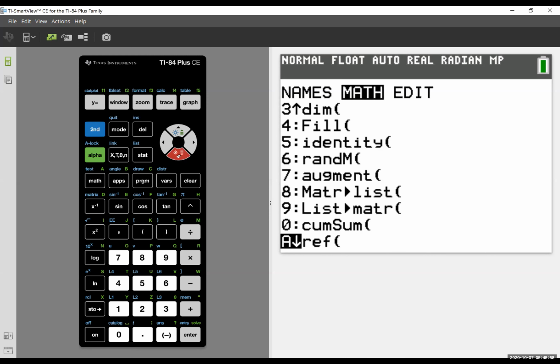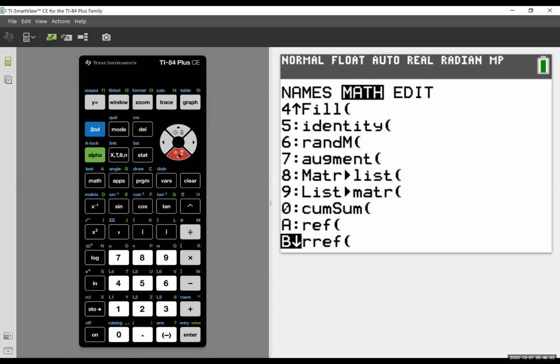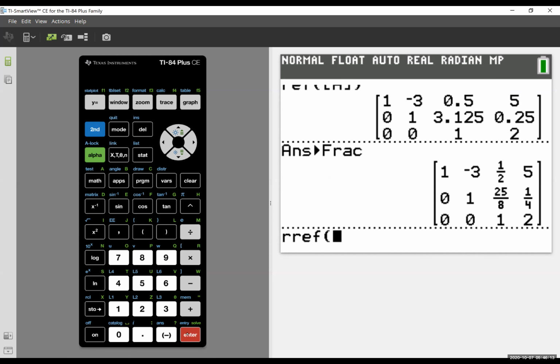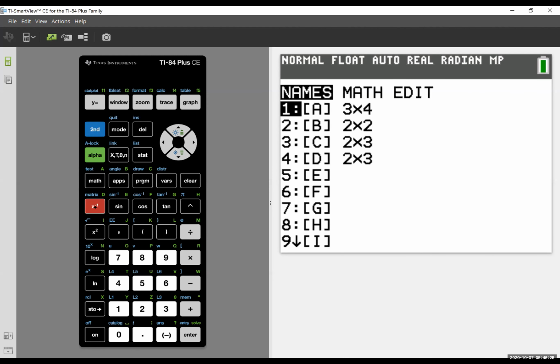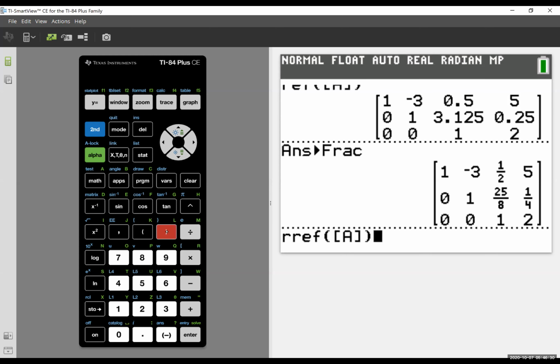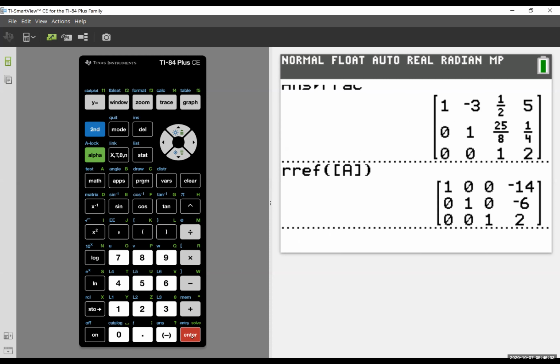We see row echelon form is item A, and right underneath, item B, we have RREF, standing for, you guessed it, reduced row echelon form. The only thing we have to do at this point is call up the matrix that we have entered. So again, we do that with second x inverse. This time we already have the name, that's A, item number 1. I close the parentheses, press enter, and check it out.